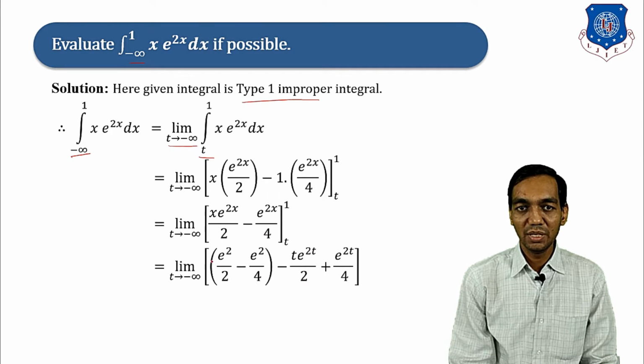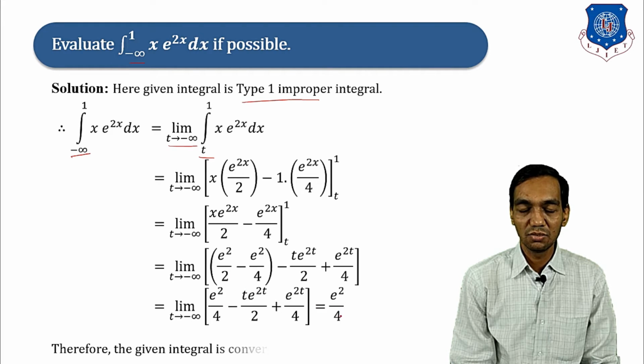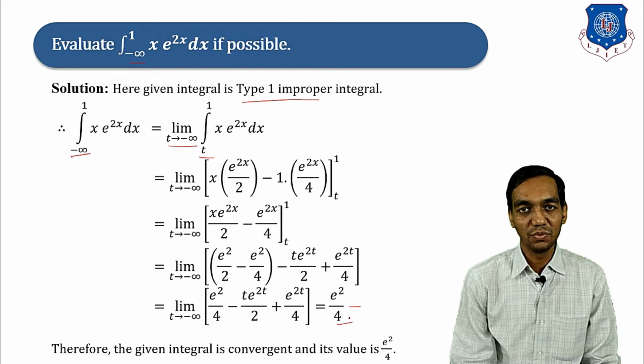And if you apply the limit t tends to minus infinity, then e raised to minus infinity will be 0. Simplifying these terms, that will give you a final answer e raised to 2 by 4. So this answer is finite. That means your integral is convergent. And the answer of this integration is e square by 4.